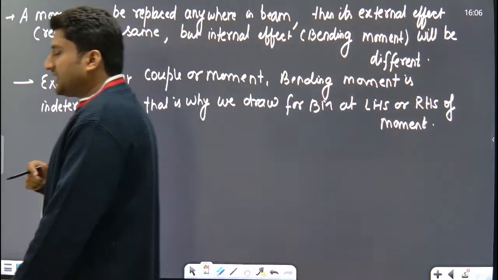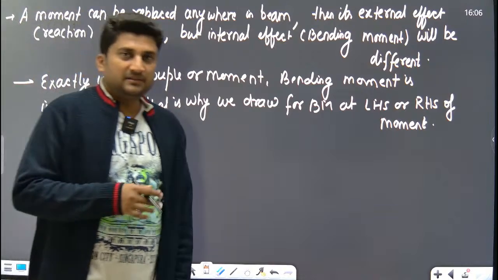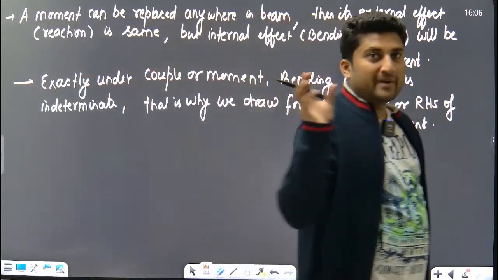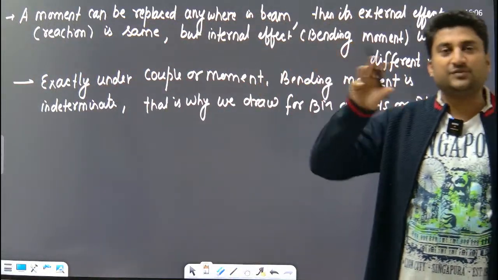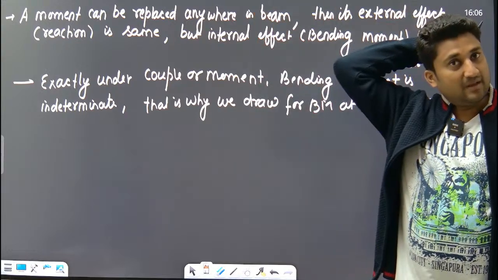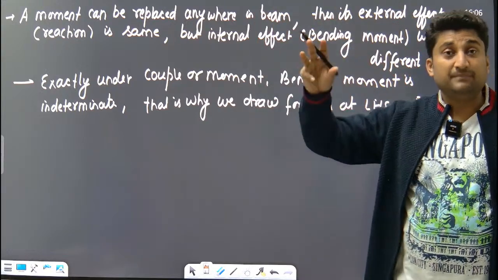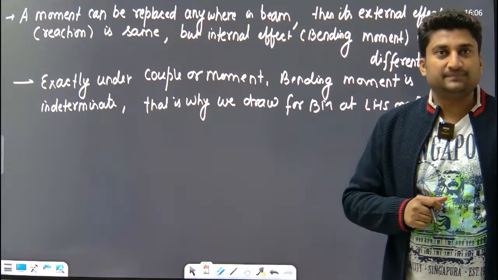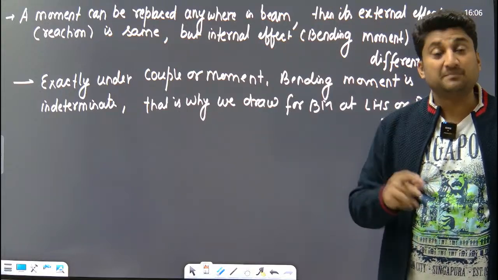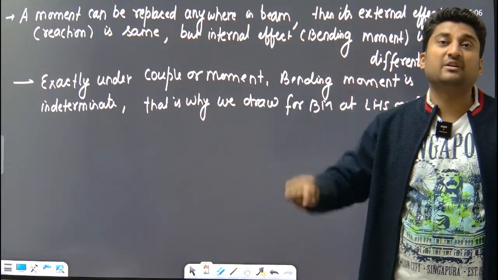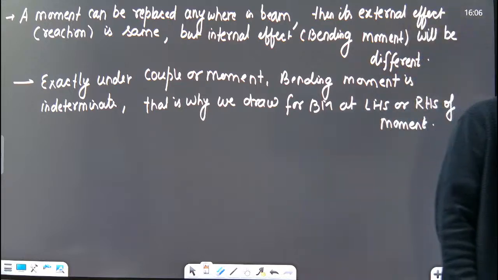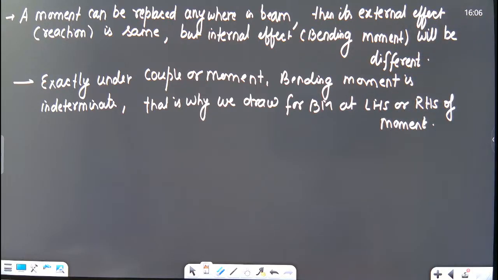So in strength of material, we have derived one concept that moment can be transferred anywhere in the beam. The reaction will not get changed. But yes, their bending moment will be changed. So from this concept, we will learn to draw the bending moment diagram.